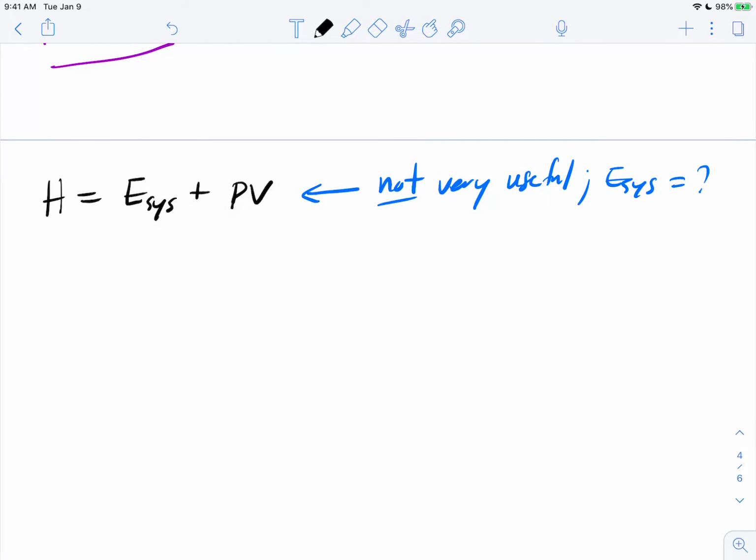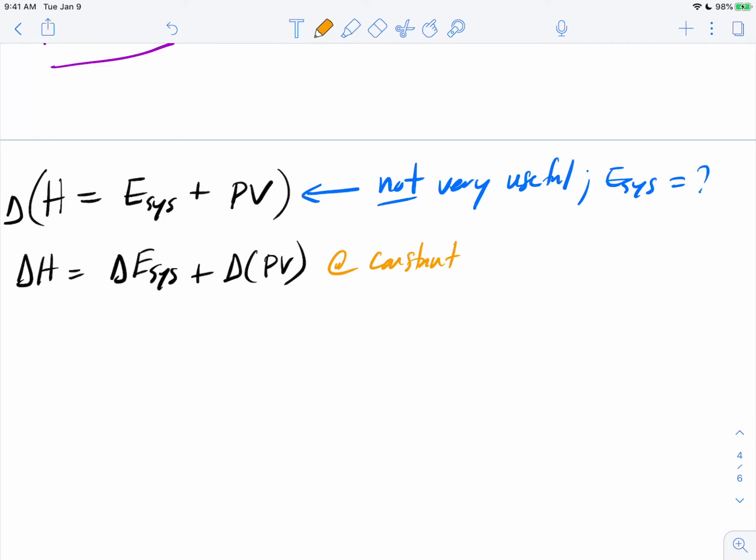So what's easier is delta. So what I'm going to do is add a delta to this. So if we have delta H, delta E system plus, now P and V can change, so I'm going to put the delta outside and then evaluate it through. So if we assume constant external pressure, that would be P external, then we can bring that out front.